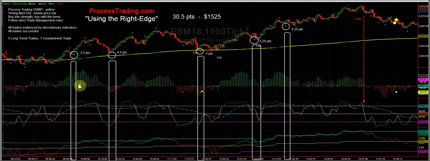discretionary indicators below, the Intergy, which stands for internal energy, the trend oscillator, or the cinnamon oscillator, and then we have the short-term trend oscillator at the bottom here. We see when we get this timing alert dot on the first trade and we look down at the discretionary indicators that the internal energy was strong to the upside.